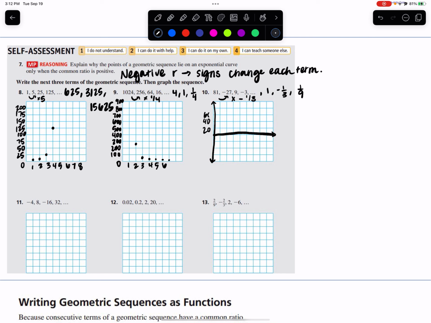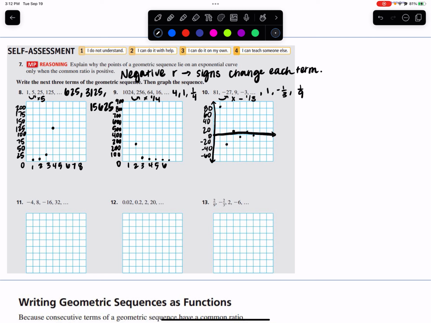So that actually works out to count by 20s. Okay, so positive 81, negative 27, positive 9, negative 3, positive 1, negative 1/3, and so it looks like we kind of have an exponential function on both sides. If you look at it, it's getting closer and closer to that x-axis.